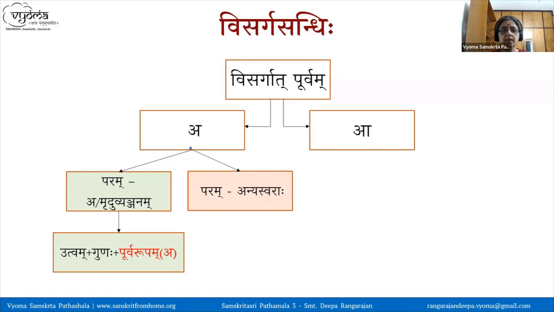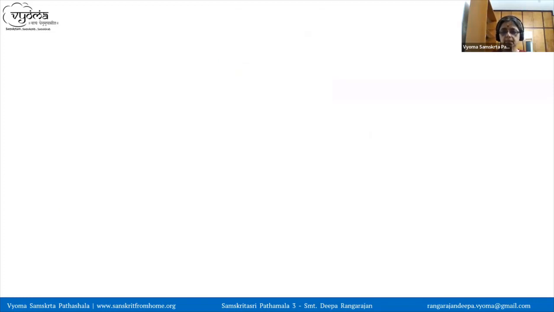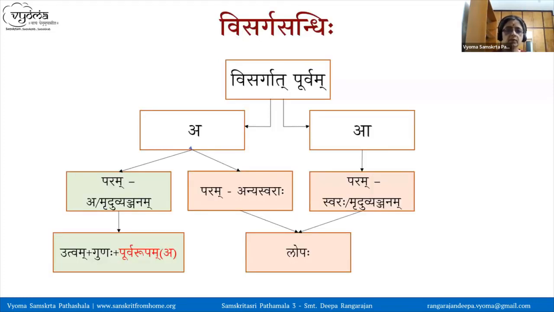If it is followed by any other Swara than Hrasva Akara, or if it is preceded by Dirgha Akara and followed by any Swara or Mridu Vyanjana, the Lopa happens. So this is the summary of what we have learned in Visarga Sandhi today.